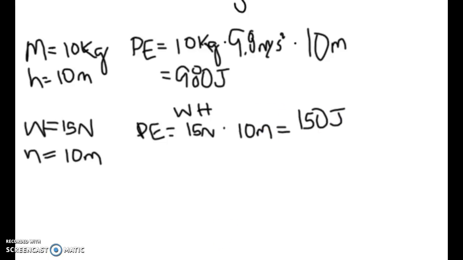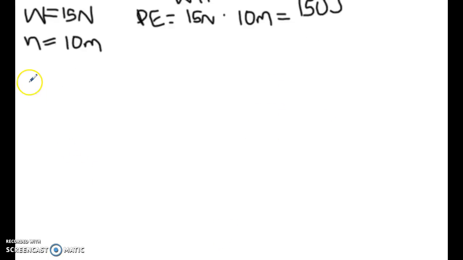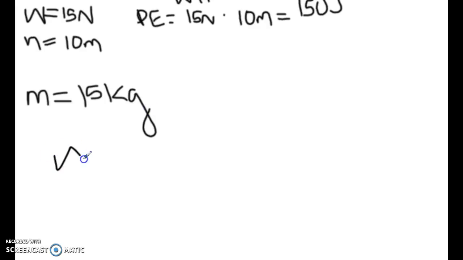On number 5, it says to calculate the weight. So if we know the mass of an object, so let's say that the mass of an object is 15 kilograms, then we can calculate the weight, because weight is equal to mass times gravity.